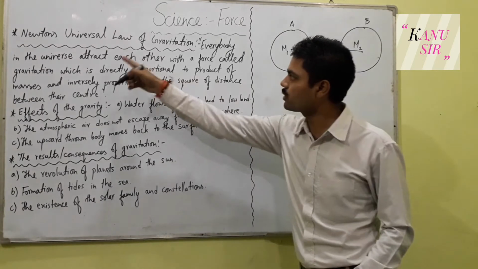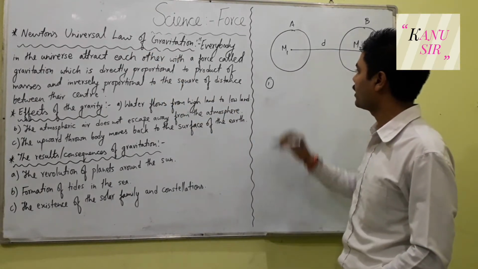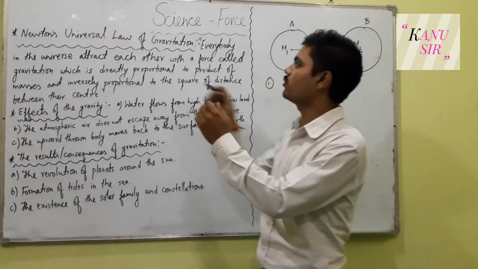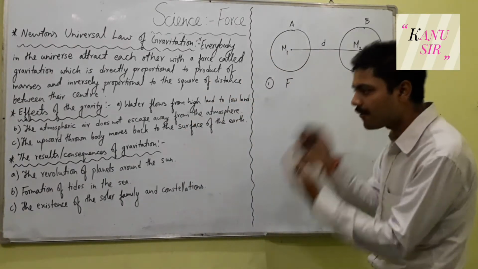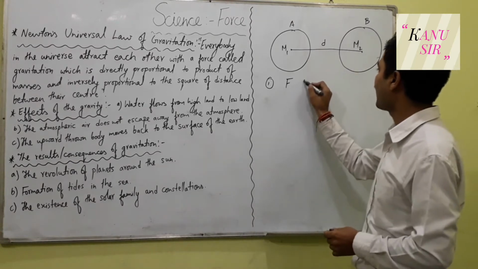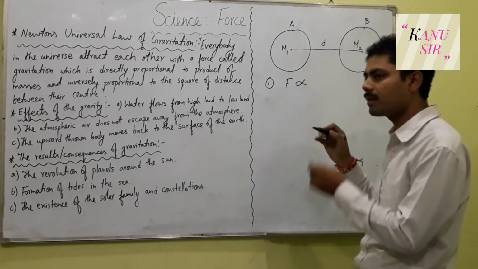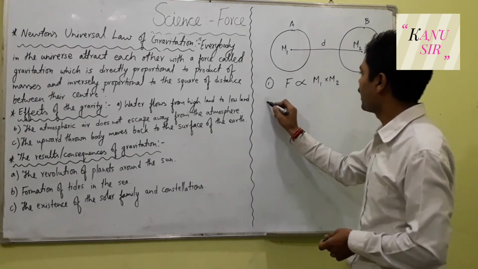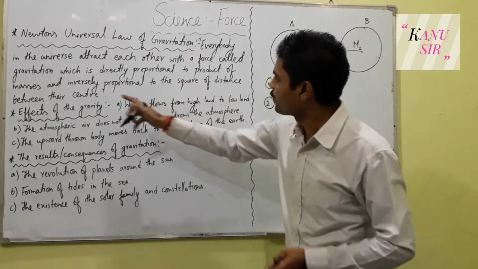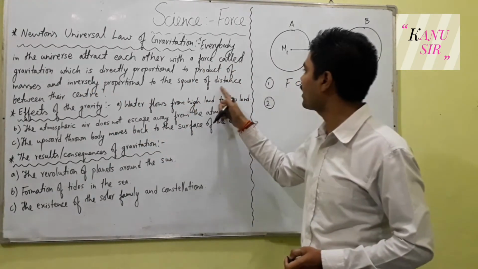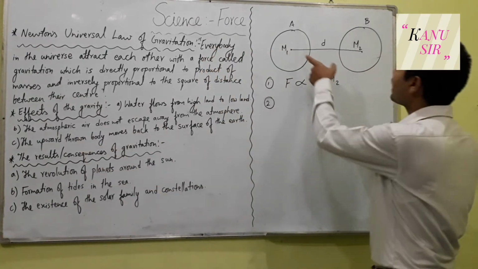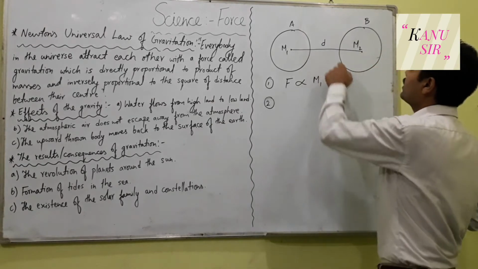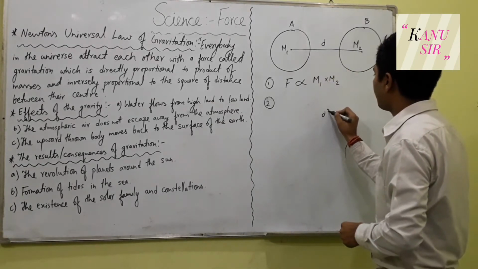According to Newton's universal law of gravitation, condition number 1, the force of gravitation between two objects is directly proportional to the product, the multiplication of mass 1 into mass 2, and in the second case it is inversely proportional to the square of the distance between their centers, d square.